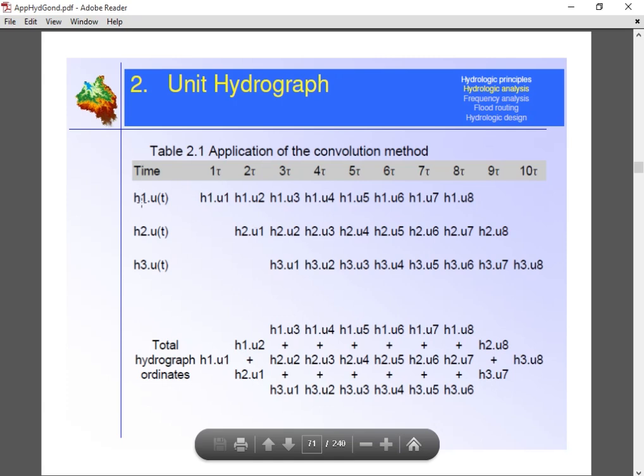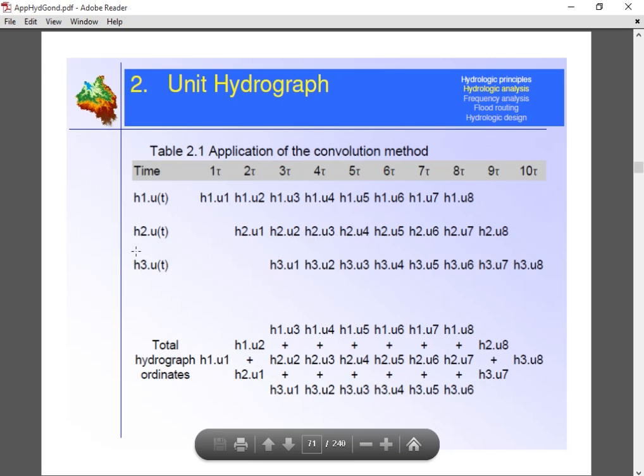But when we proceed with the second precipitation data with this unit hydrograph at time t, there is some lag. We lag the first time, and start at the second time, with h2 times u1, h2 times u2, h2 times u3, and so on.